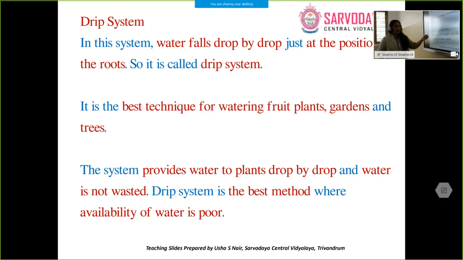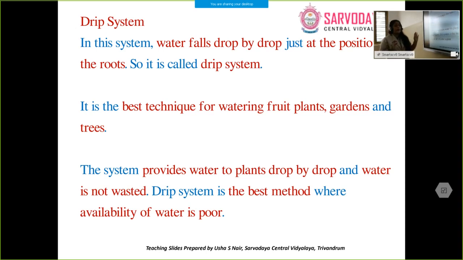Now, the importance of it: this system provides water to plants drop by drop, and water is not wasted. So it is the best method where availability of water is poor. If the plant is not getting enough water, we can place this system and it helps, drop by drop.